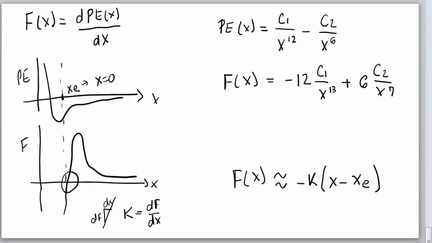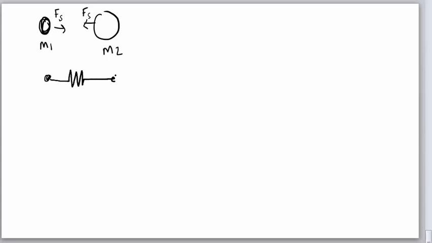Let's look at one more thing, and that is the mass of these two atoms. We said already that we have two atoms, so this is going to be an atom of mass 1, and then perhaps we have a second atom of mass 2, and then we have some spring force on this one and some spring force on this one. Again, we're working with this two masses on a spring model.